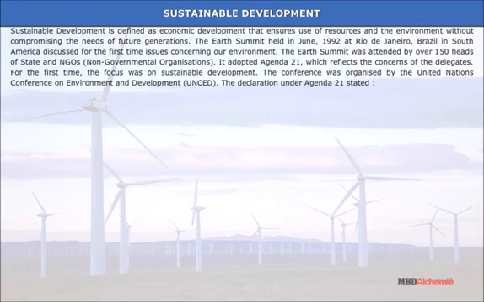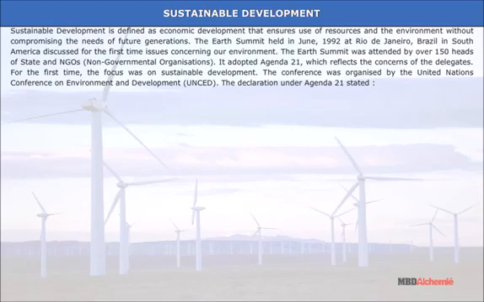The Earth Summit was attended by over 150 heads of states and NGOs, non-governmental organizations. It adopted Agenda 21, which reflects the concerns of the delegates. For the first time, the focus was on sustainable development. The conference was organized by the United Nations Conference on Environment and Development, UNCED.